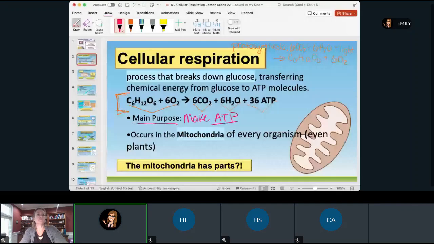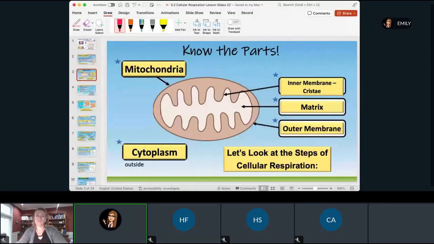Now, just like we said, photosynthesis takes place in the chloroplast, and we had to learn about a few different parts of the chloroplast. Cellular respiration happens in the mitochondria, and we have to know a few of the parts of the mitochondria. So let's look at that. Remember that the mitochondria is like the jelly-filled donut of the cell. This whole structure here is your mitochondria.